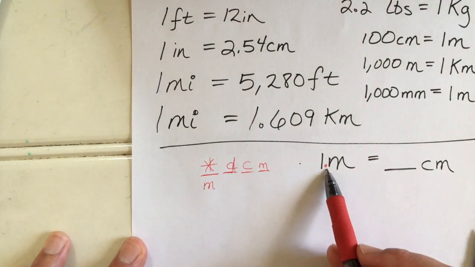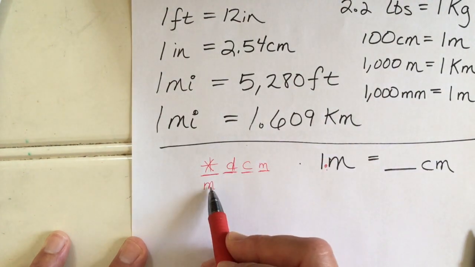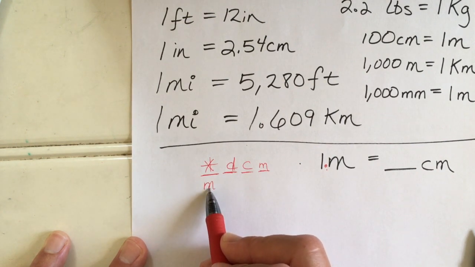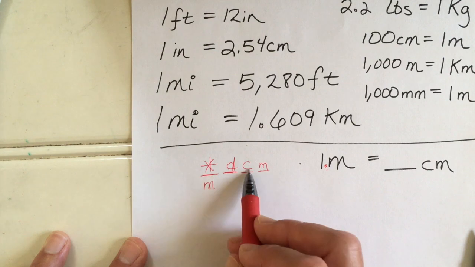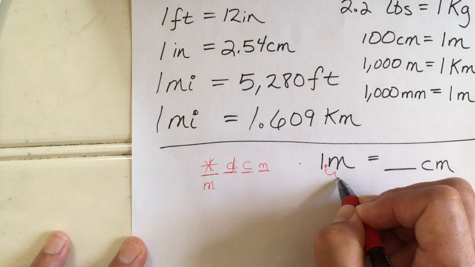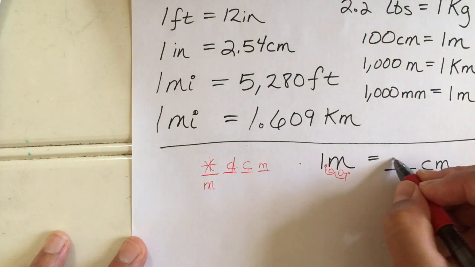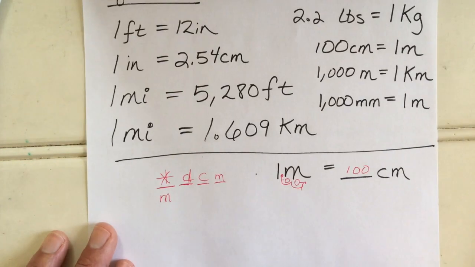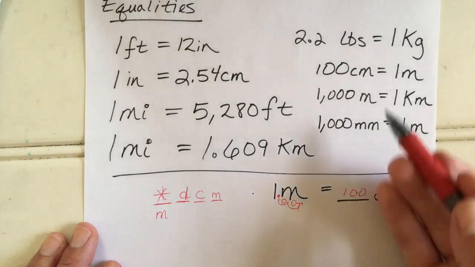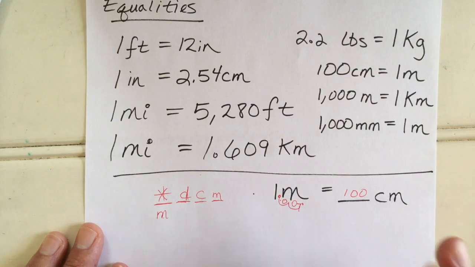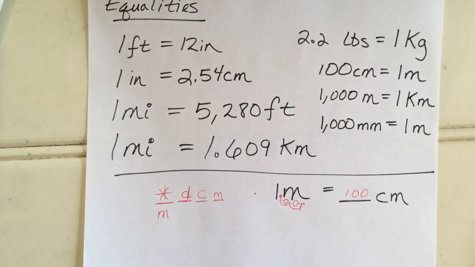They have to go from meters to centi, so their decimal goes 1, 2. So I have 100. That's how I would tell a student if this was a test. I'd say you can figure that one out yourself, give them that little hint, and then they could do it.